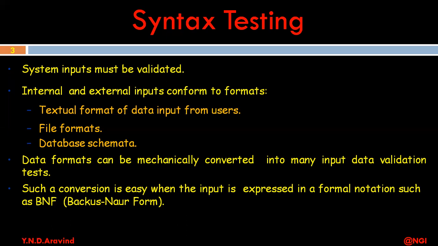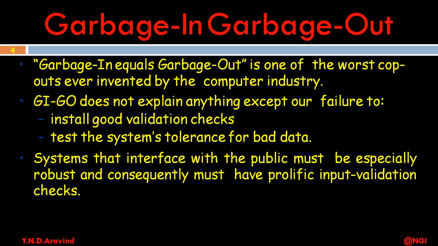Okay, now let us see what is garbage in, garbage out. Because we are giving invalid data, garbage in, garbage out, which is also called GIGO, G-I-G-O, is a concept common to computer science and mathematics. Here, the quality of the output is determined by the quality of the input. So always based on the input only, we will be getting the output.